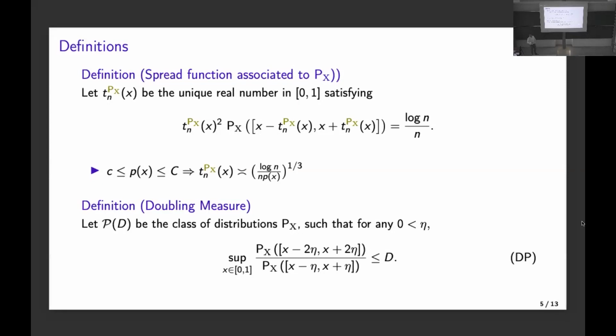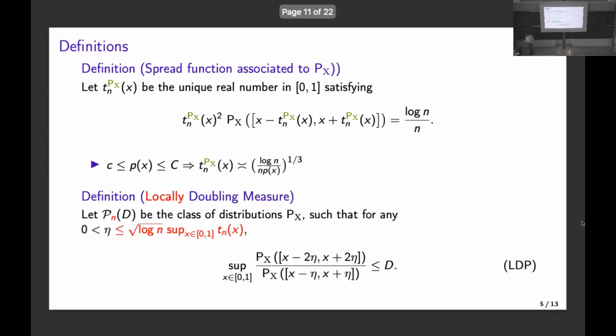Yeah, and thank you very much for the remark, because actually what we consider is a slightly weakened version of this assumption, the local doubling measure. In this setup, we consider a sequence of classes of distributions, and the assumption is required to be verified only on balls of restricted radius.